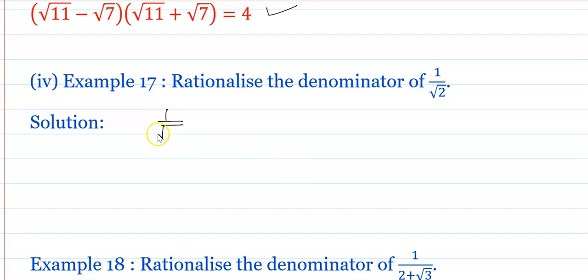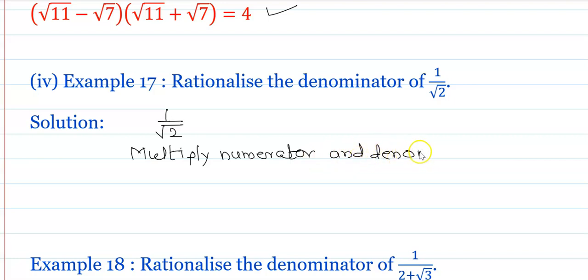1 upon root 4. Now here, multiply numerator and denominator by root 2.